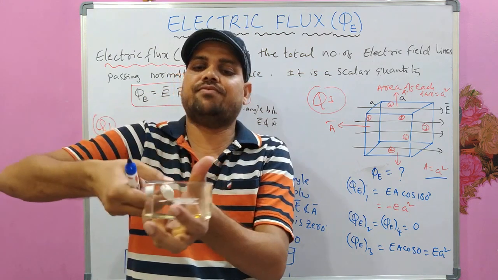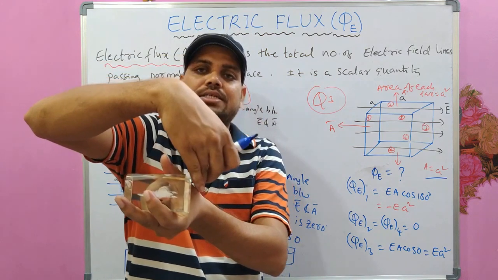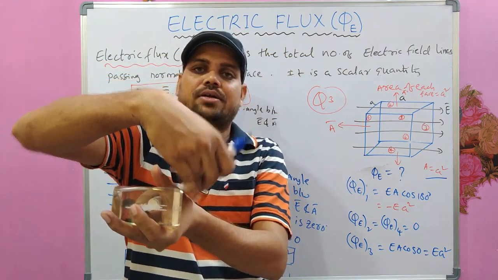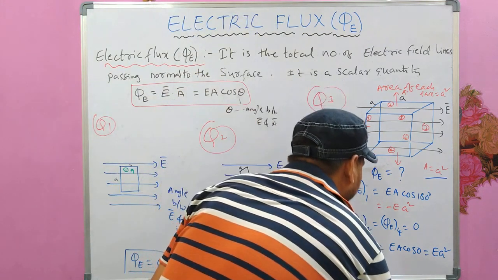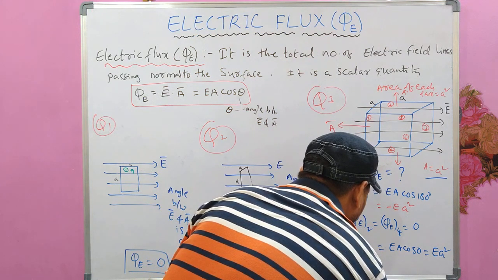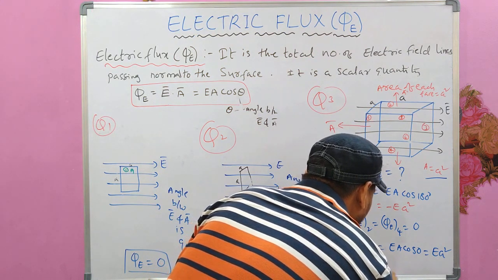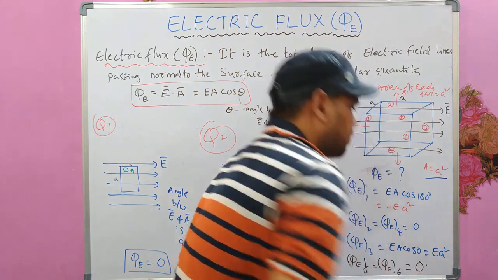Similarly, area vector of fifth face and electric field direction is also 90 degrees. So in this case also, the flux linked with fifth and sixth will be 0. Phi E5 is equal to phi E6 equal to 0.